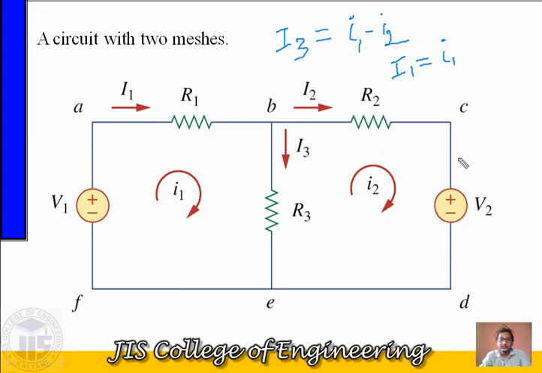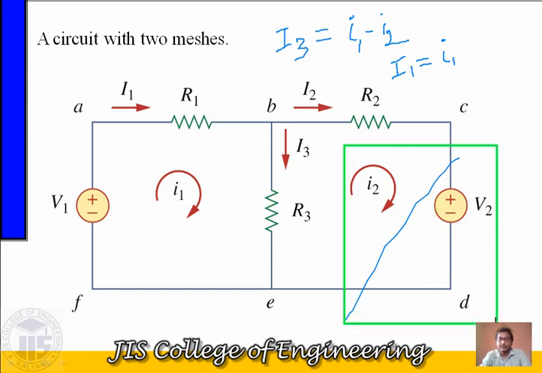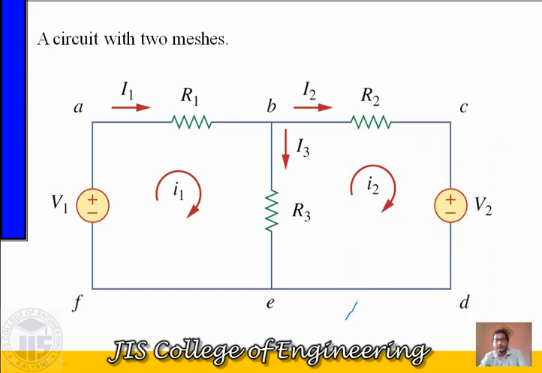Similarly, if they ask for the value of the I2 current, it is nothing but small I2, since in this direction only the I2 loop current is there. If the current direction is opposite, then we put a negative sign there, and no problem at all.